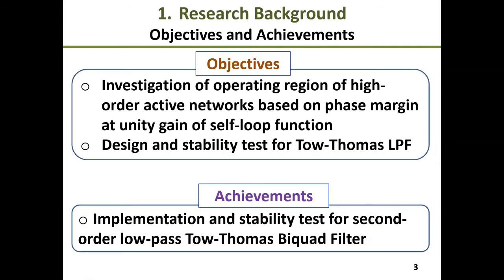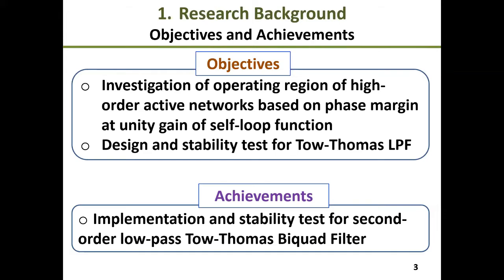So in this work, we will investigate the behavior of high order active networks, especially in the op-amp connection. And we show the behavior of a second order automatic Biquad low-pass filter, because active low-pass filters are used in many applications.